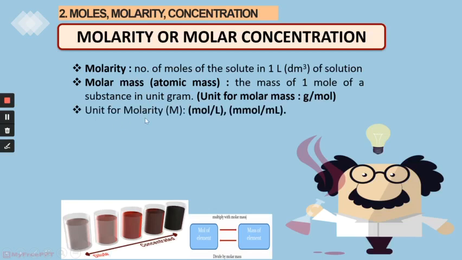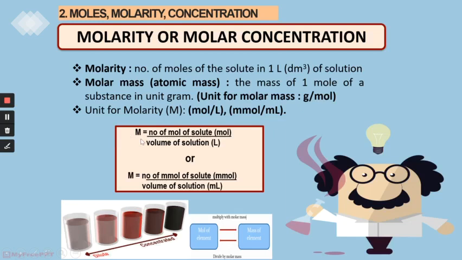The unit for molarity is mole per liter or millimole per milliliter. So the formula: molarity equals the number of moles of solute over the volume of solution. If you refer to the general equation for concentration, it is the amount of solute over the amount of solution.